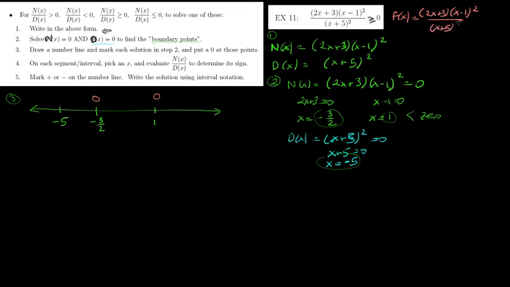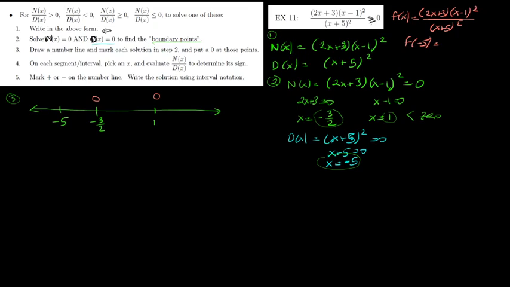Because it's in the denominator, that would make the denominator 0. In other words, if you plug in negative 5, you get some number. Let's calculate it. Negative 10 plus 3 is negative 7. Negative 7 times negative 6 squared. So 36 times 7.